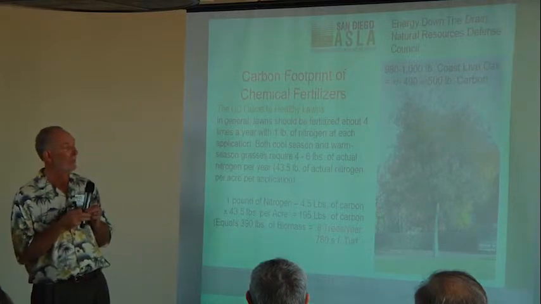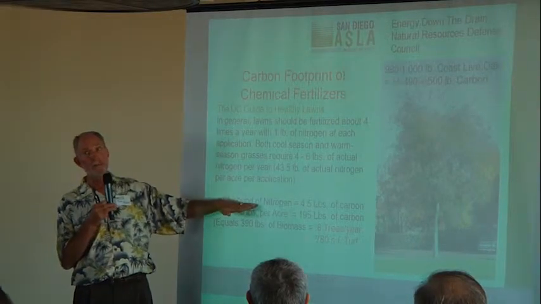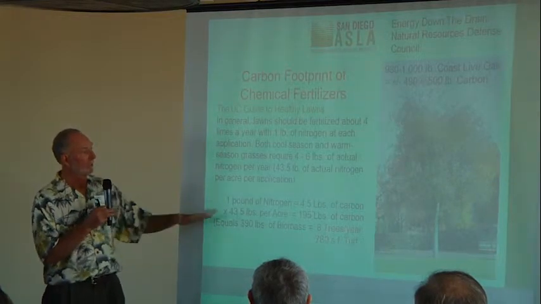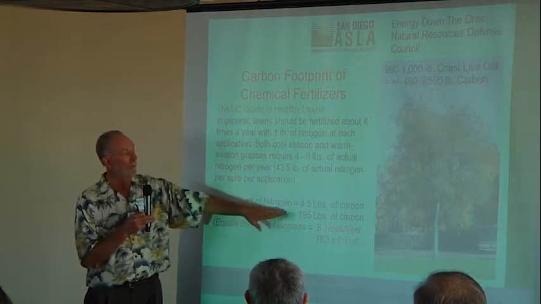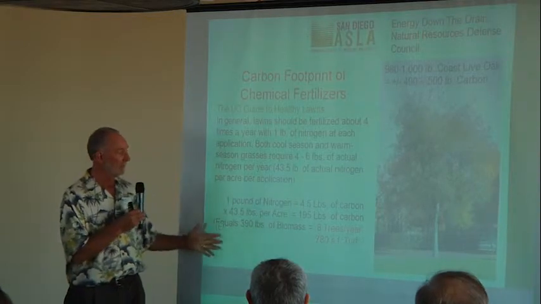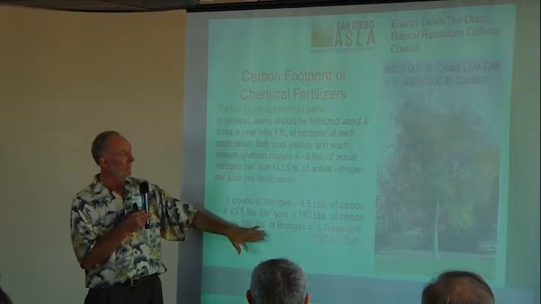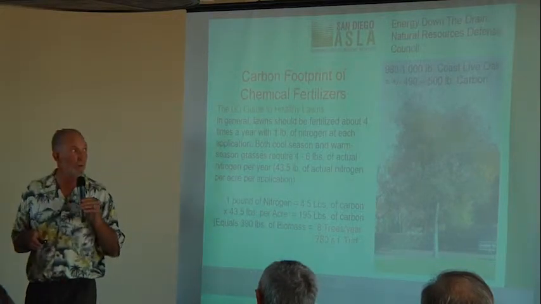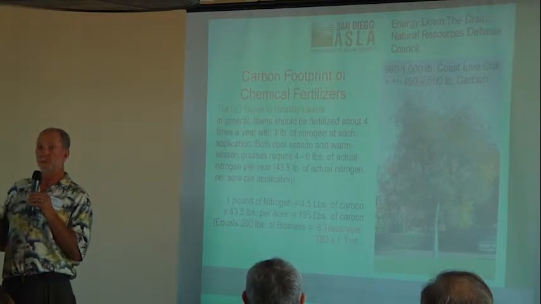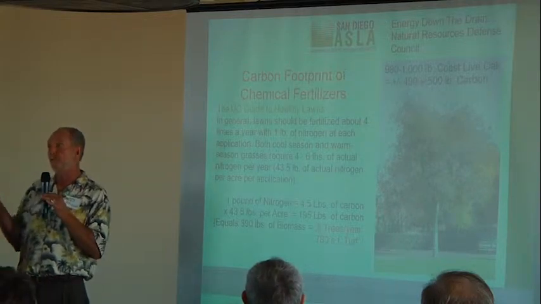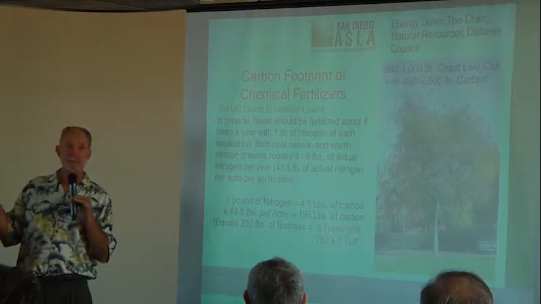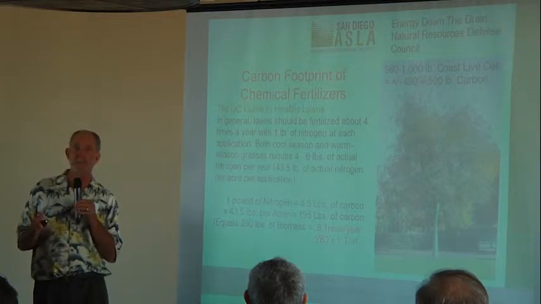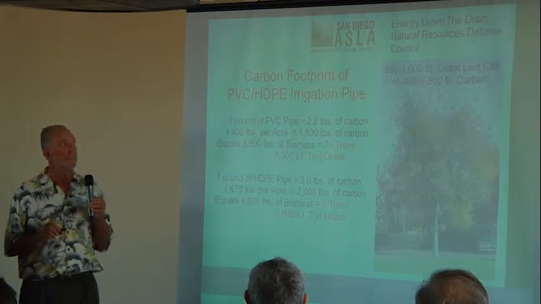And when you convert the embodied energy and the carbon footprint of 1 pound of nitrogen times how many pounds you would apply per acre, 195, that's equal to 390 pounds of biomass, or approximately 8/10 of one of those oak trees there. So I'm just trying to have a metric here to see what we are really achieving and what the cost is along the way to produce that.